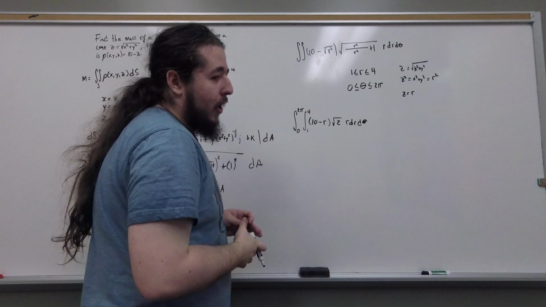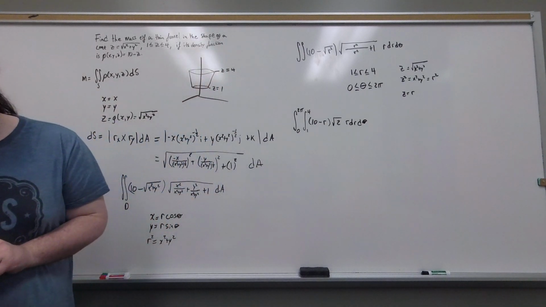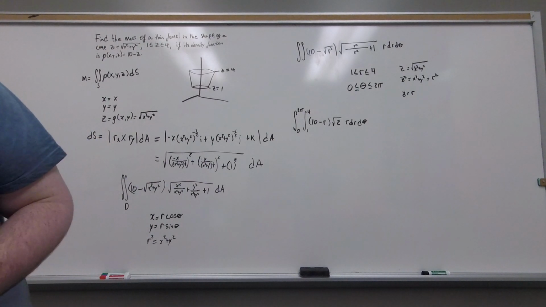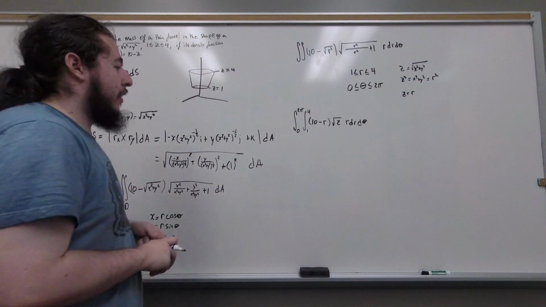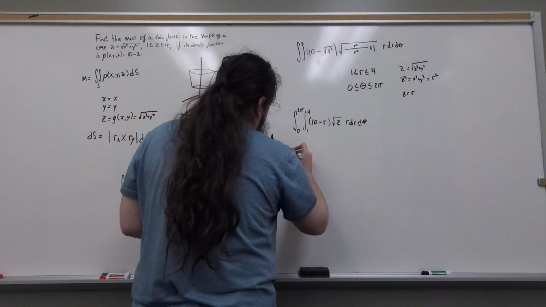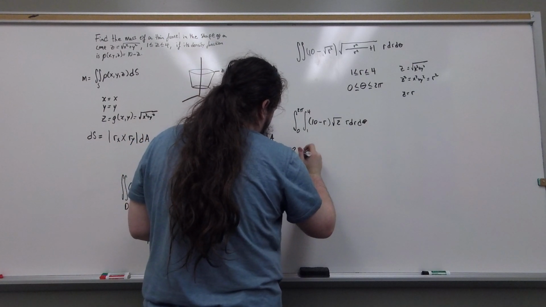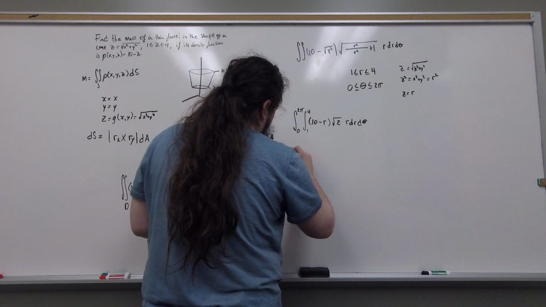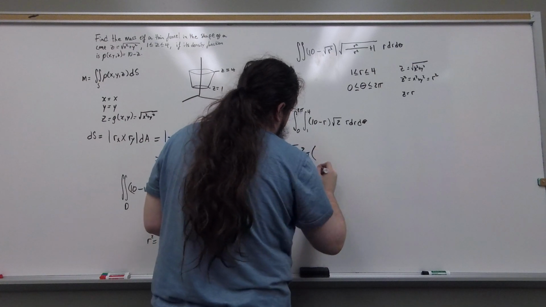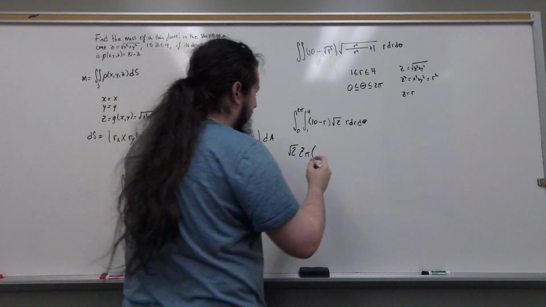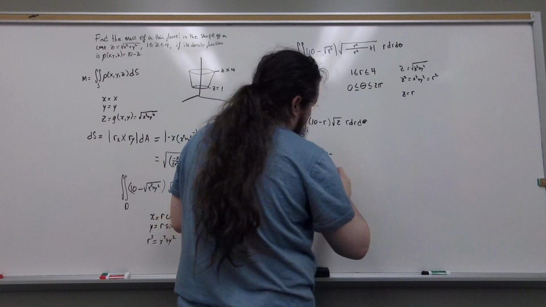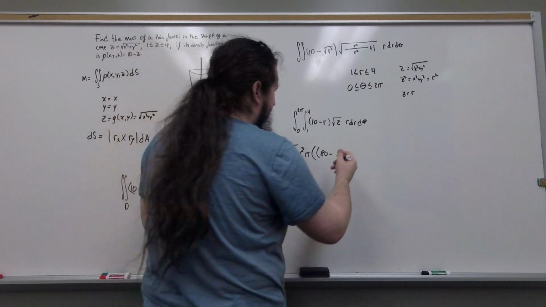And at this point, we can solve the integral, which comes out to be this expression of root 2 times 2 pi times (5 minus 1/3) minus 64 over 3.